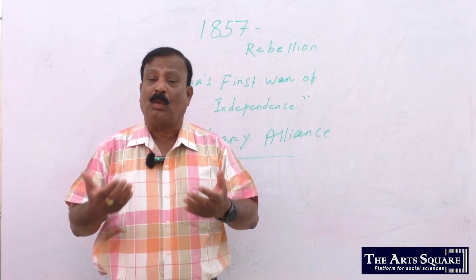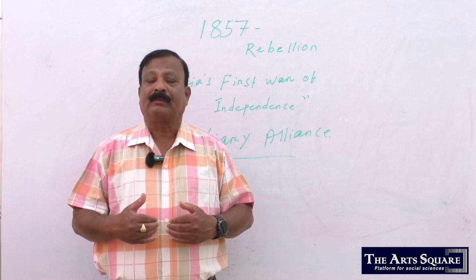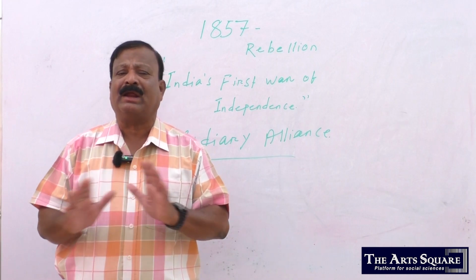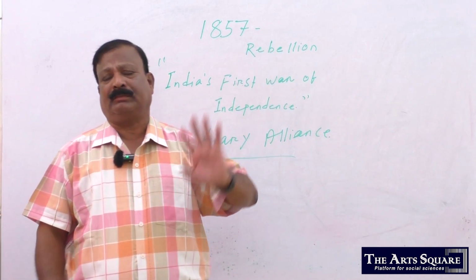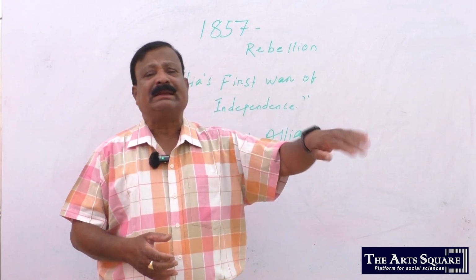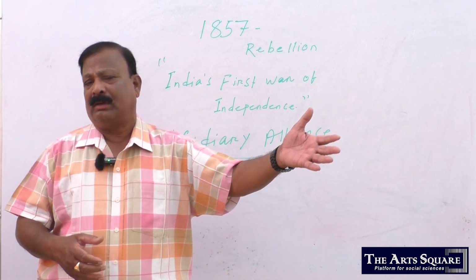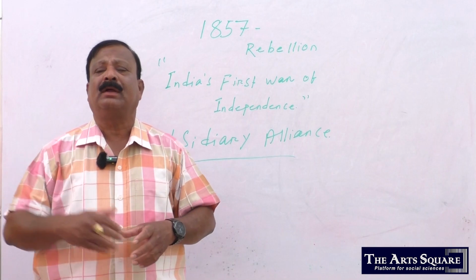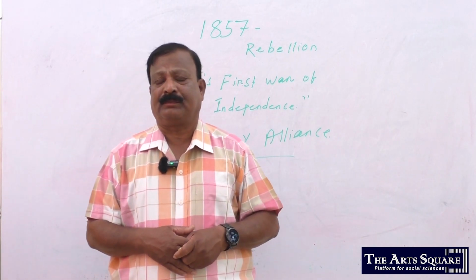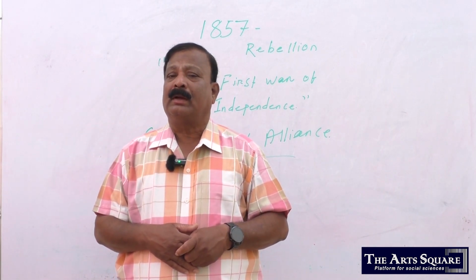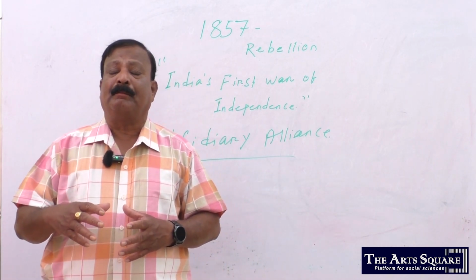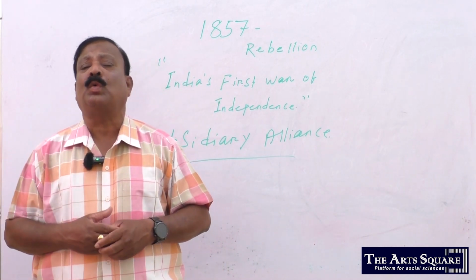And Lord Wellesley said that I don't have any connection with the powerful king. Their condition will be understood later on. I must tie up with the weak rulers. So, diplomatically, he started maintaining relations with the weak rulers.